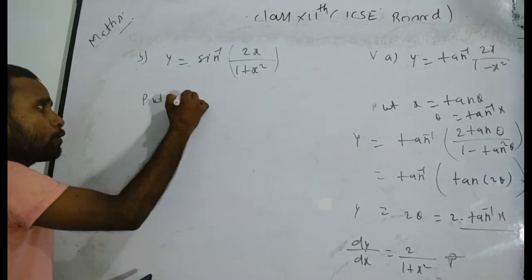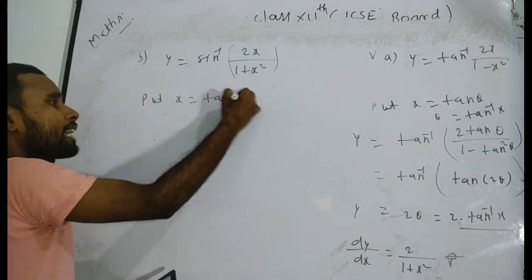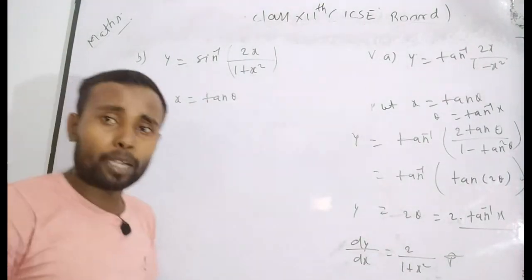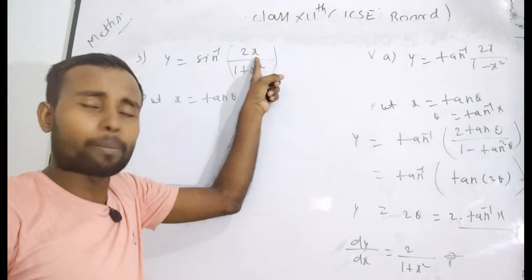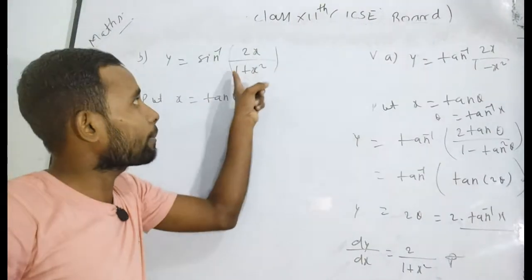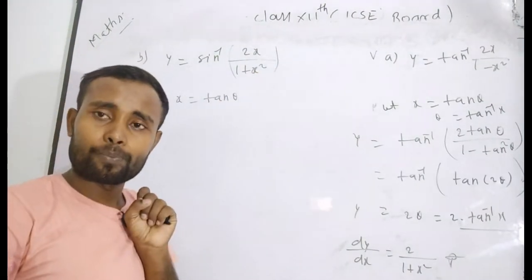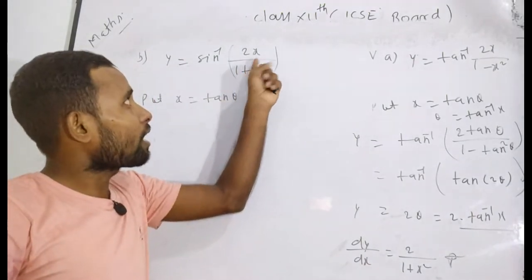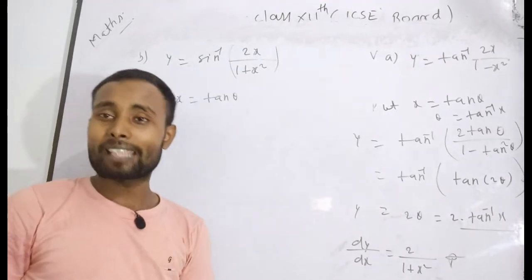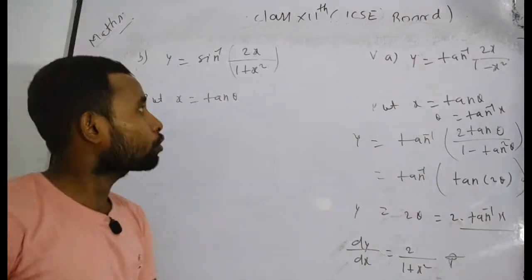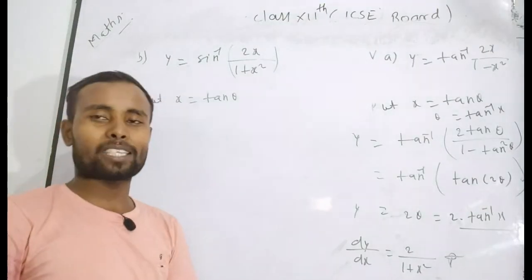Here, if you see, again put x is equal to tan theta. Why? Because it looks like 2 tan theta divided by 1 plus tan square theta. What is the formula for 2 tan theta divided by 1 plus tan square theta? Sin 2 theta.